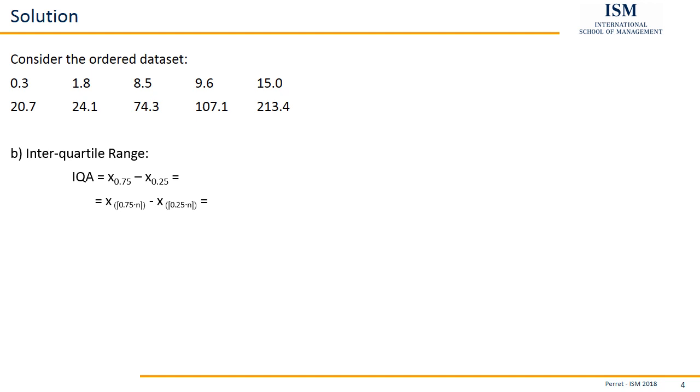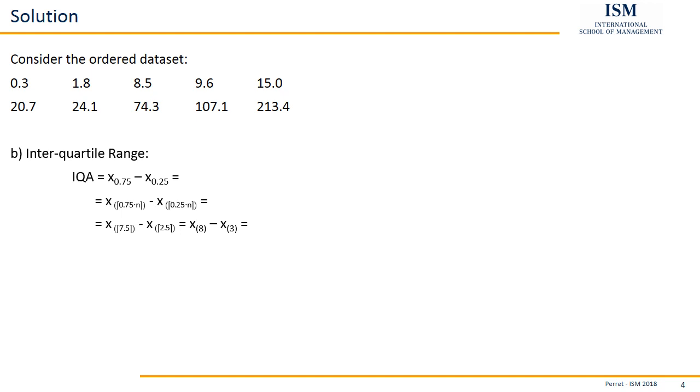Well, we first multiply the number of observations, here it's 10, with the respective percentages, and then we round up. So we take the smallest integer larger than this number. If we multiply this with 10, as we have 10 observations, we get 7.5 and 2.5. The next largest integer in both cases is 8 and 3.